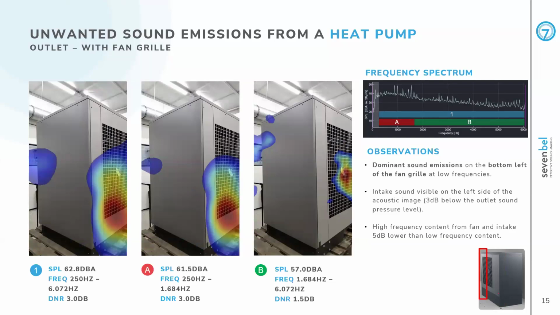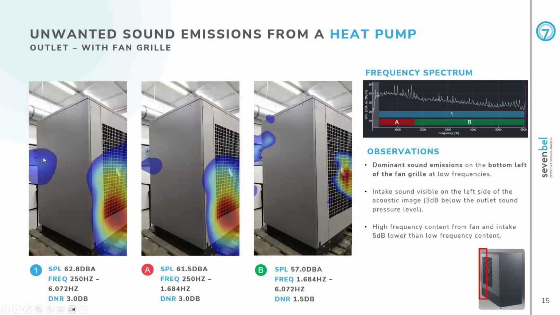So we now move to the other side and take a similar recording. And in wideband, again, we understand that most of the noise is coming from the bottom of the fan grill. This is confirmation of what we already knew. No matter where we place ourselves in front of the unit, that is the main source. But there is also a contribution from the intake of the unit at the back.